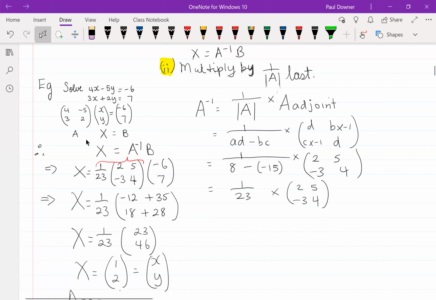Having said that, if we start off with 4x minus 5y equal to -6 and 3x plus 2y equal to 7, then the first step is to break this up into this matrix product here. In other words, the 4, the -5, the 3, and the 2 form this matrix here. The x and the y form this matrix here, and that must be equal to -6, 7, which will give us the third matrix.